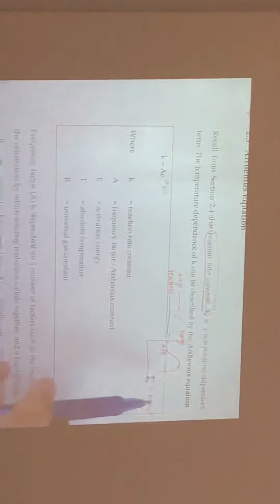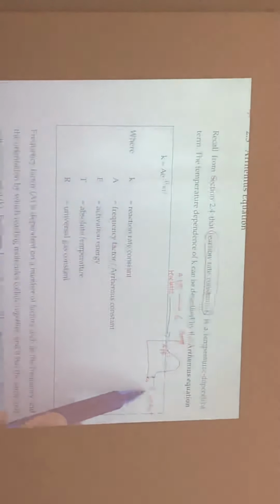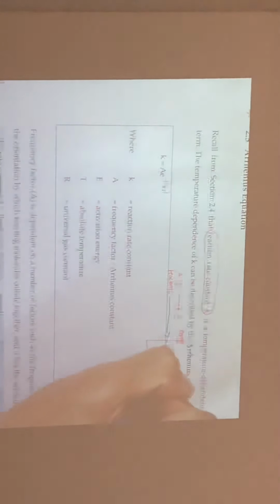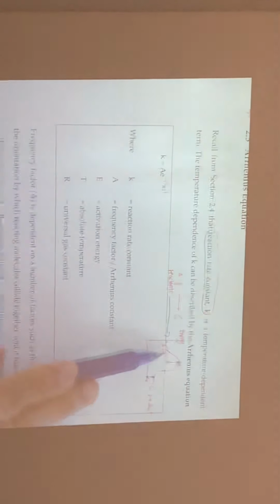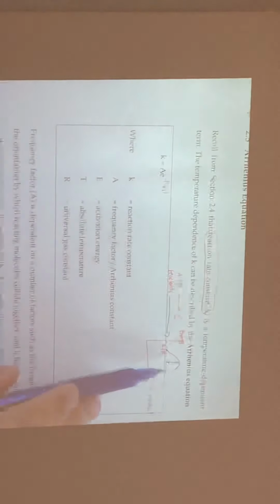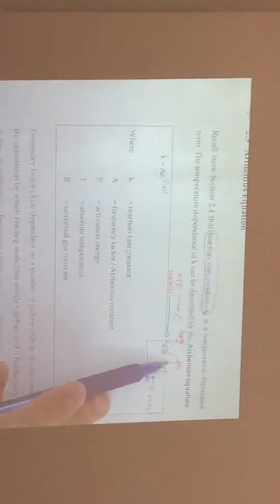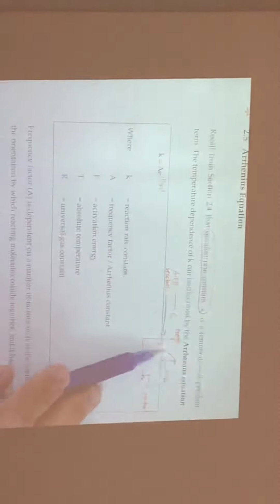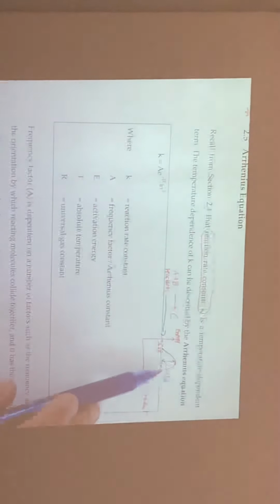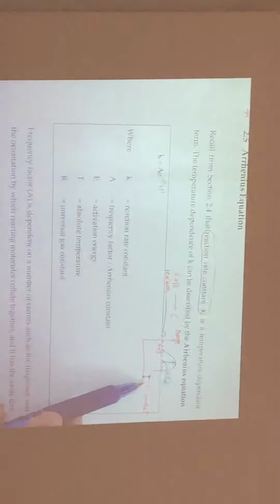In order for A and B to give you the product C, they must make sure they have higher energy than the activation energy, or Ea. The energy supplied to A and B must be higher than Ea in order to have this reaction go forward.